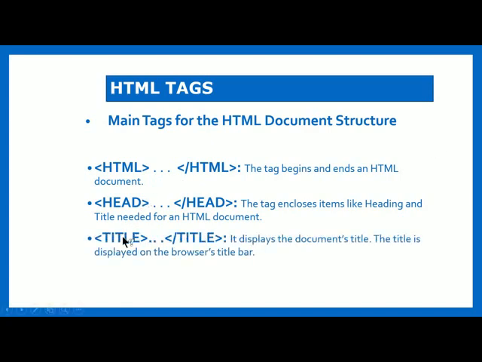For the title tag, we have the beginning and the ending will be done with the same name, prefixed with the slash symbol. This has to go inside the head tag, and this will be displayed on the title bar of the browser.